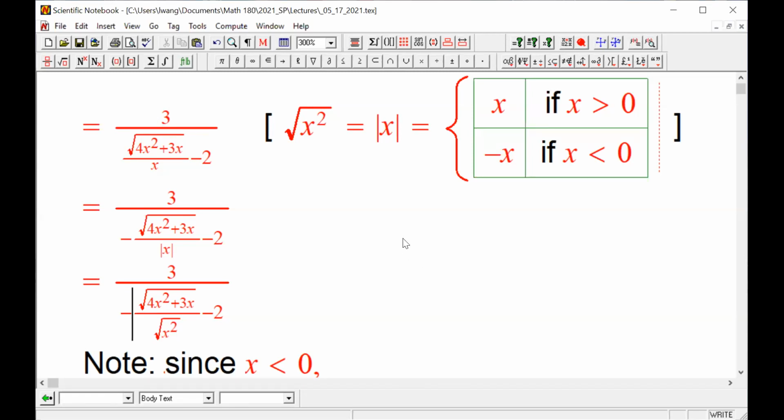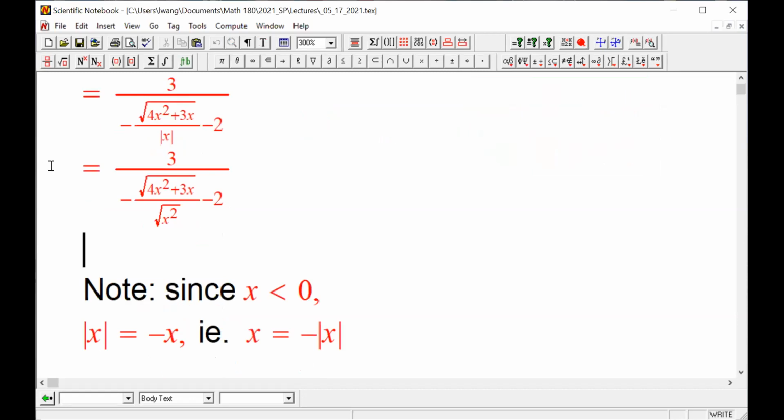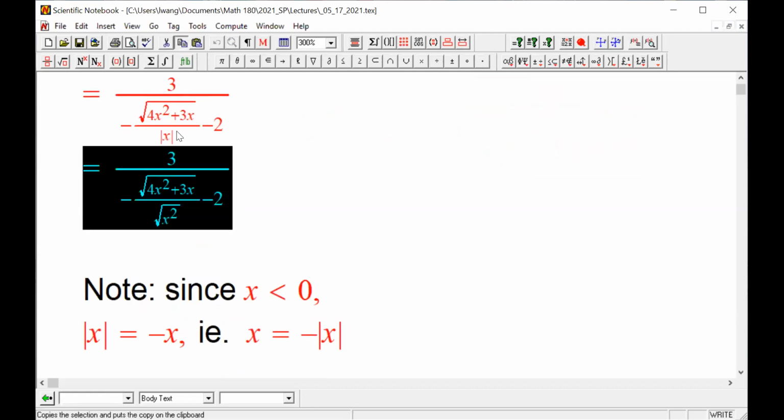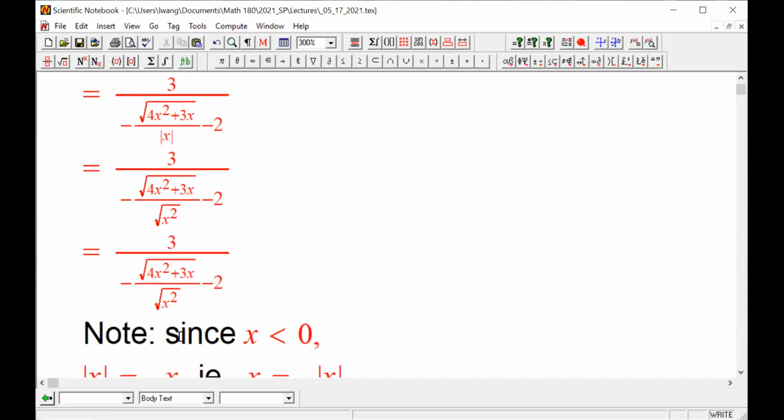And then you have a step that goes by you, and you wonder, how did you get there? Well, this is why. That's how you get the negative sign. So now finally, you can take this x squared.